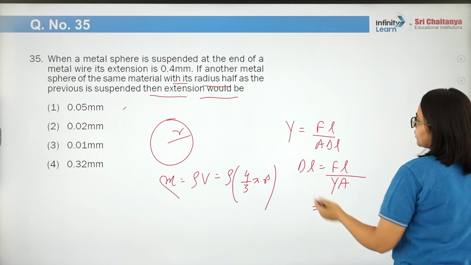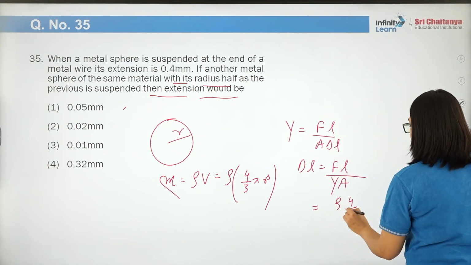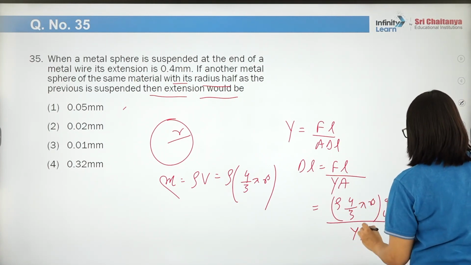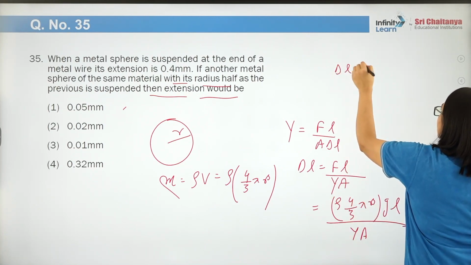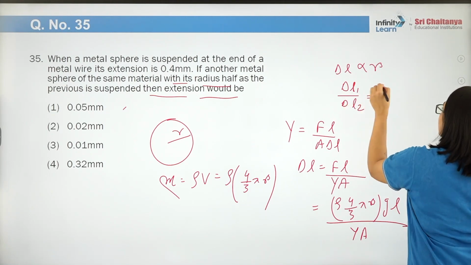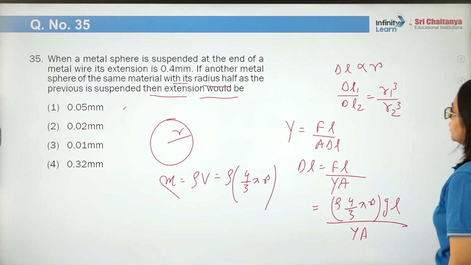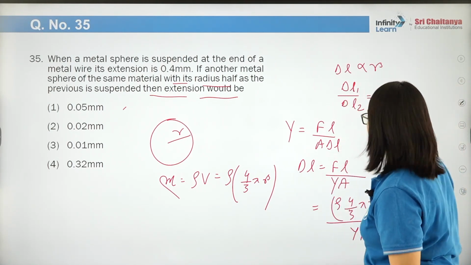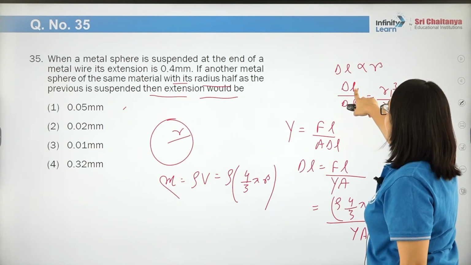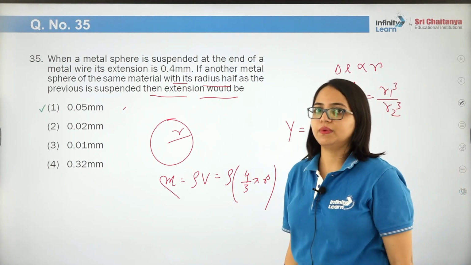So force is because of the mass of the sphere, so it is mg, so it is rho 4 by 3 pi r cube into g into L divided by YA. So you can see that delta L is directly proportional to r cube, so delta L1 divided by delta L2 is equals to r1 cube divided by r2 cube, right? So if you put the values, R1 is R, R2 is R by 2, delta L1 is 0.4 millimeter, you will get the value of delta L2 which is equal to 0.05 millimeter.